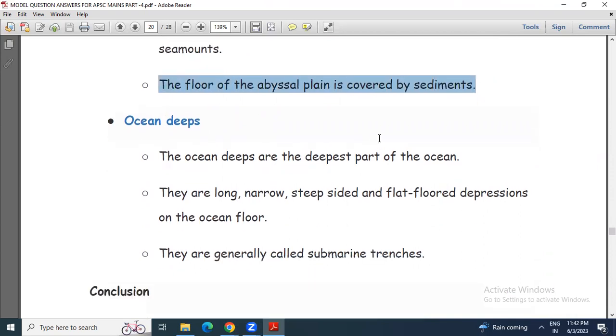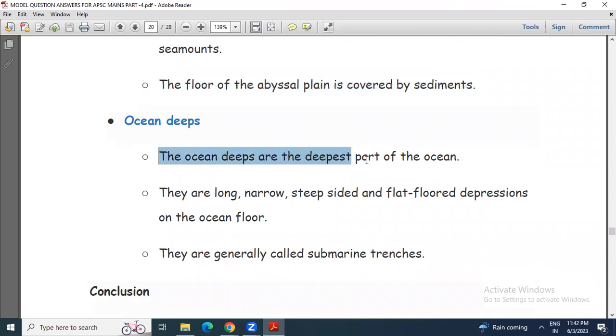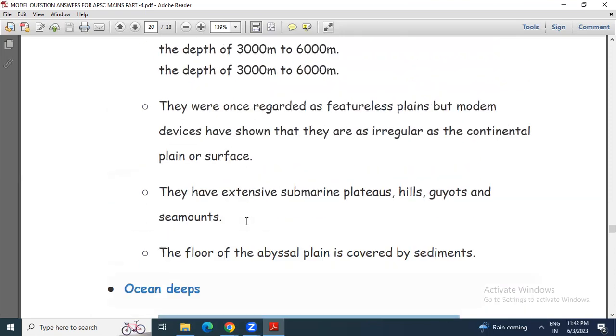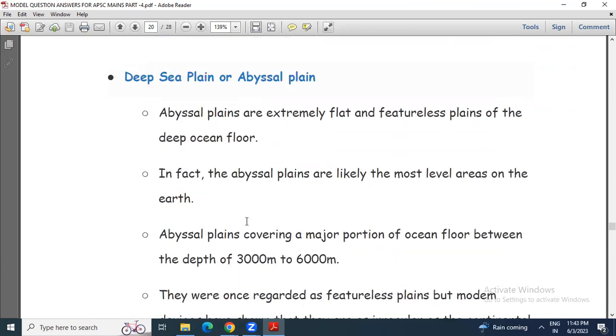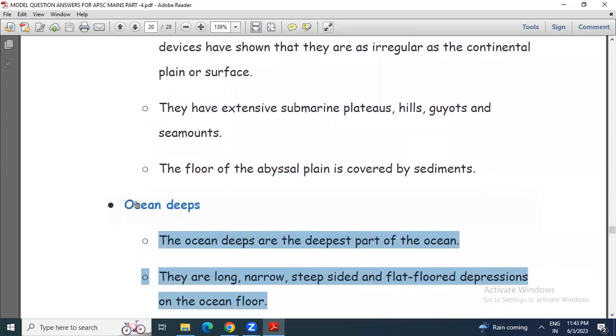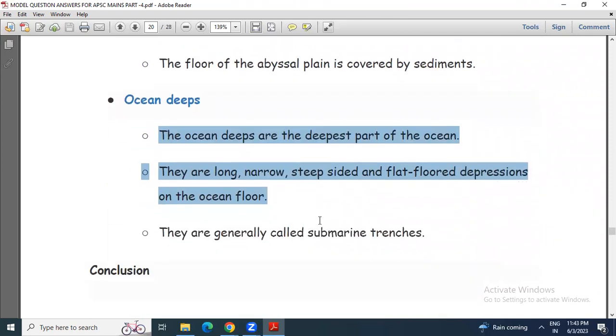Then ocean deeps. The ocean deeps are the deepest parts of the ocean. Where the greatest depth exists, we call it ocean deep. Remember, don't confuse it with deep sea plain or abyssal plain. They are featureless, extremely flat plains, 3,000 meters to 6,000 meters. But these ocean deeps are the region which are the deepest part of the ocean.